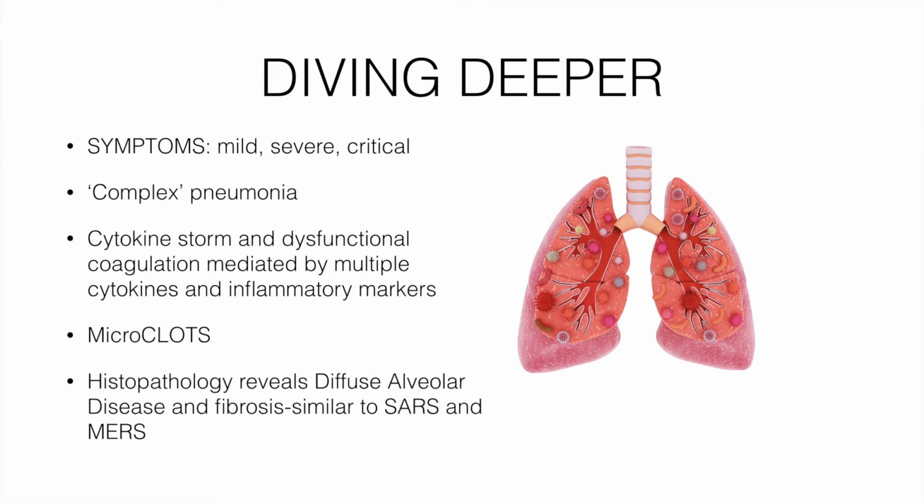Histopathology performed on people who have unfortunately succumbed to the disease has revealed what's called diffuse alveolar disease, which has purportedly been seen in SARS coronavirus. They have also noticed fibrosis of the lungs, meaning the areas that are fibrosed are no longer functional. And these sorts of changes have been seen in SARS as well as MERS.